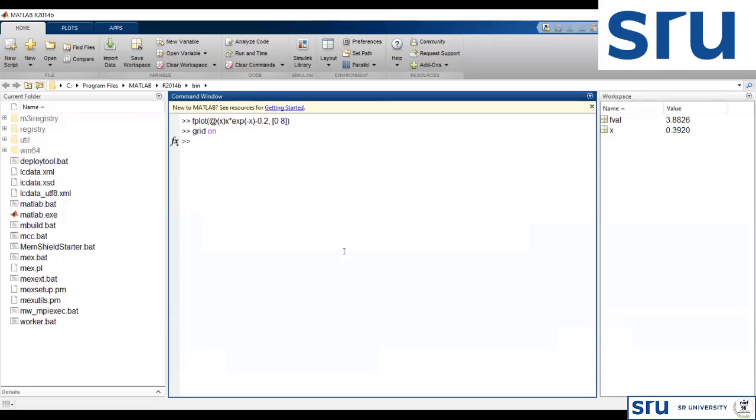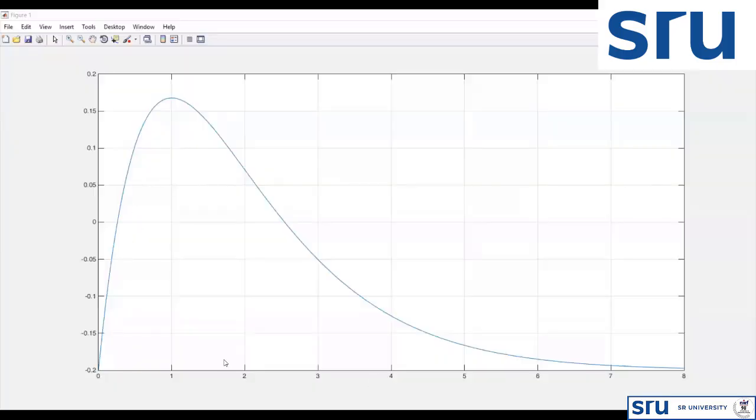Now you can verify the plotting. You can check the plotting. This will be your plot. Now you just have to find the maximum value at this point.